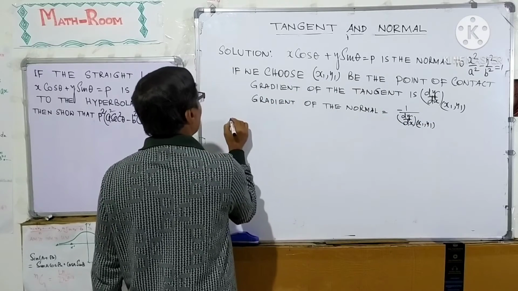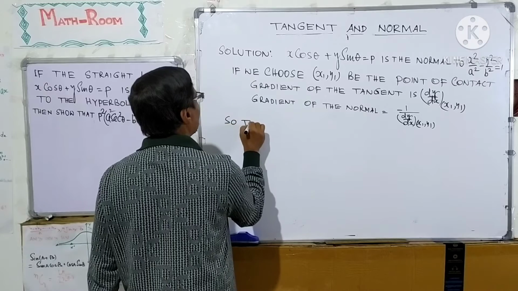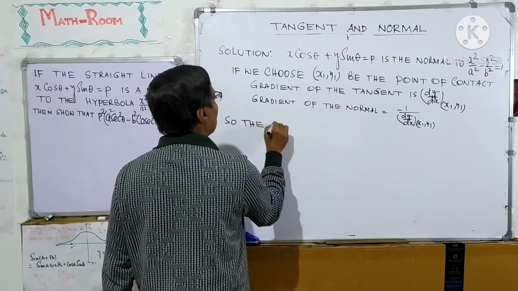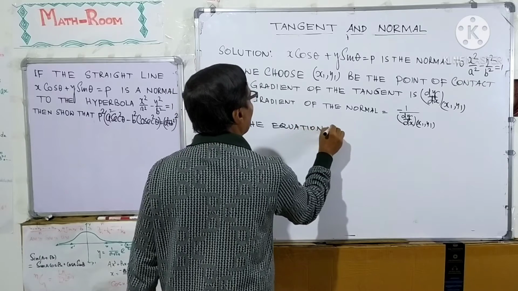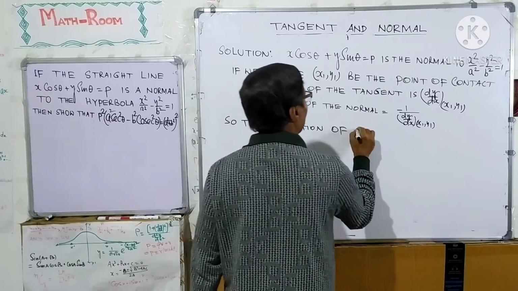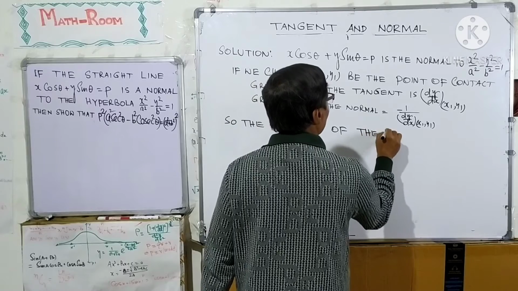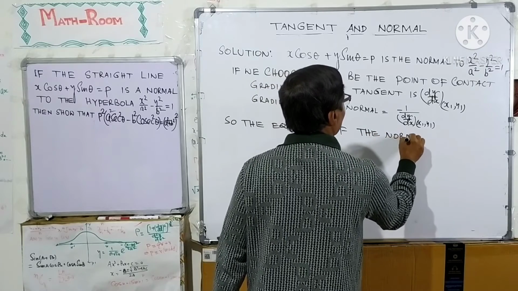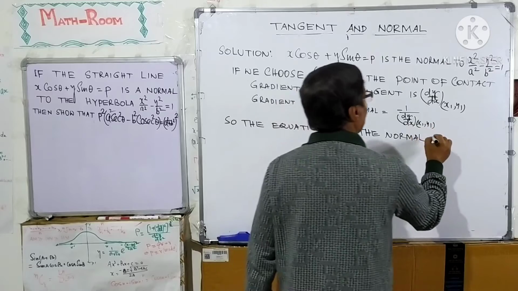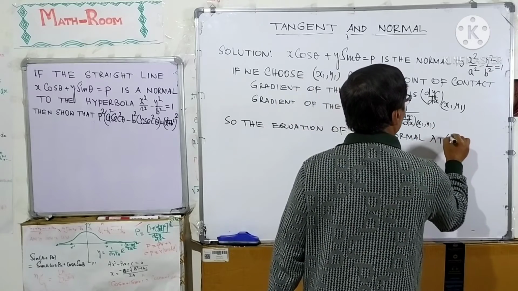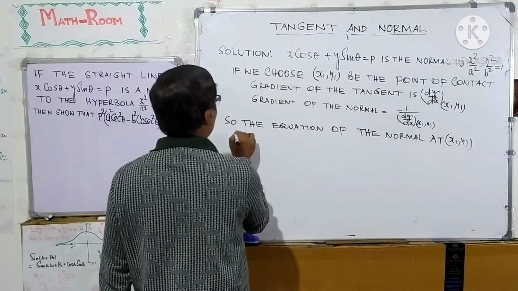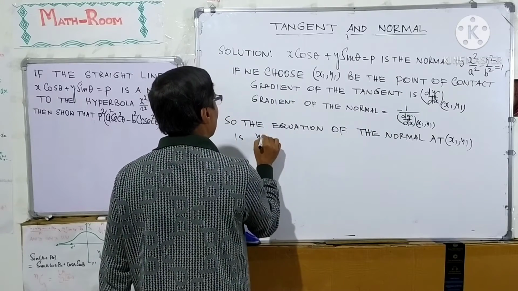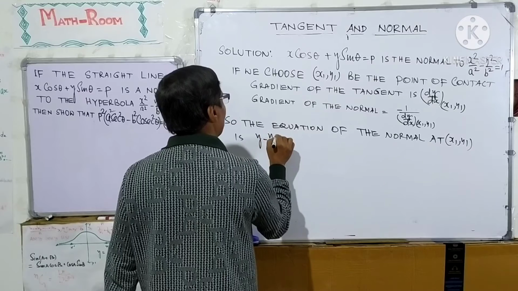So the equation of the normal at x1 y1: the equation of a straight line is y minus y1 into gradient.